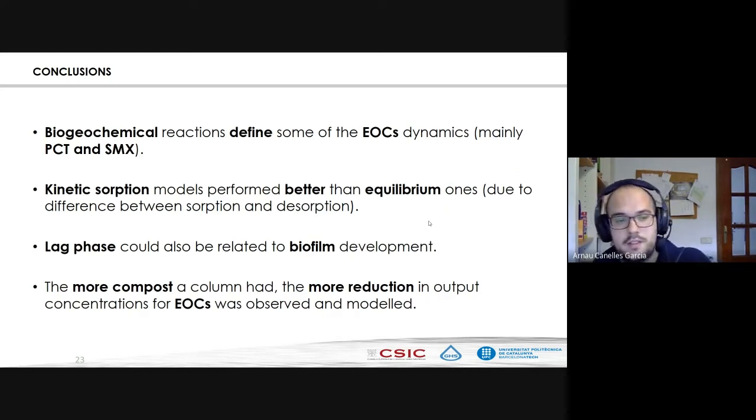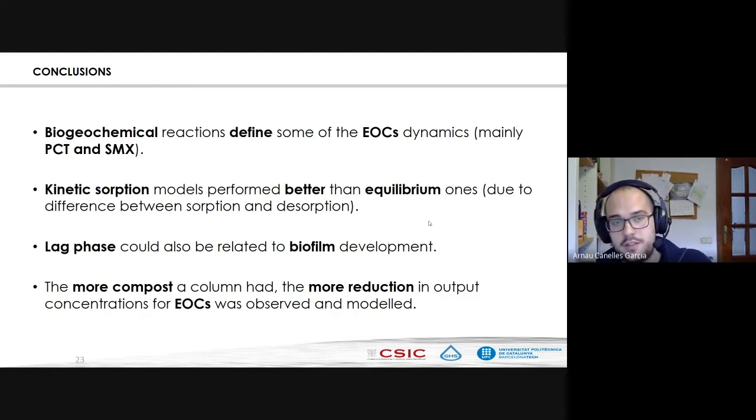We also saw that the kinetic sorption was better in our case than the equilibrium, mainly because we did not have desorption in the same way. In the case of equilibrium, we had the same tendency to sorb as to desorb. But for the kinetic sorption, we could define that desorption was harder than sorption.